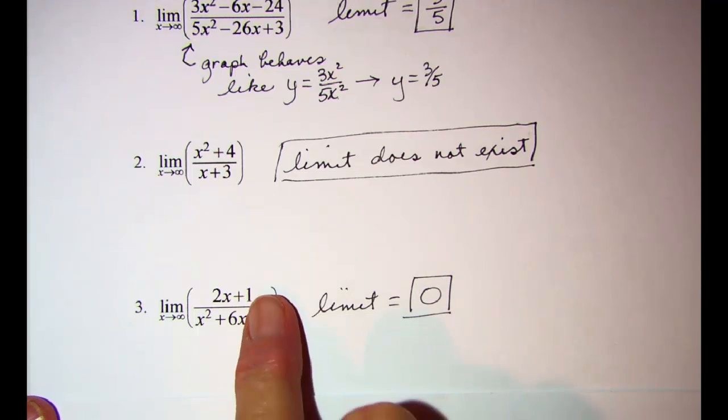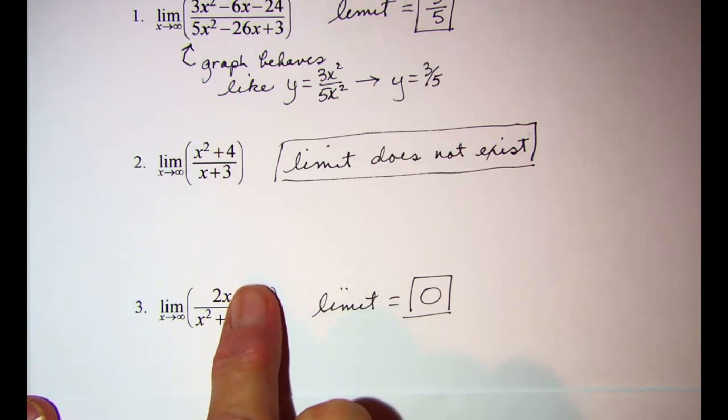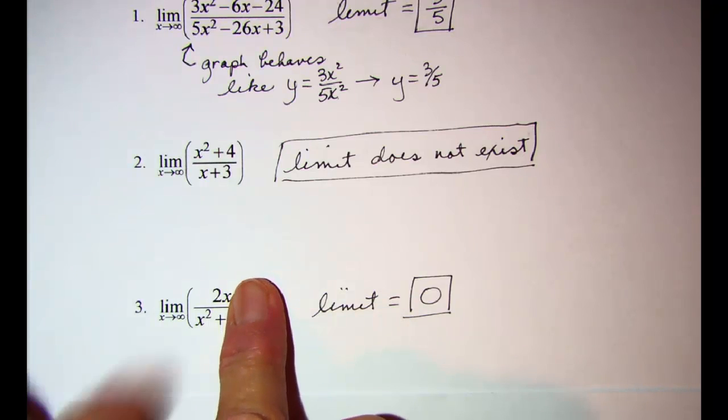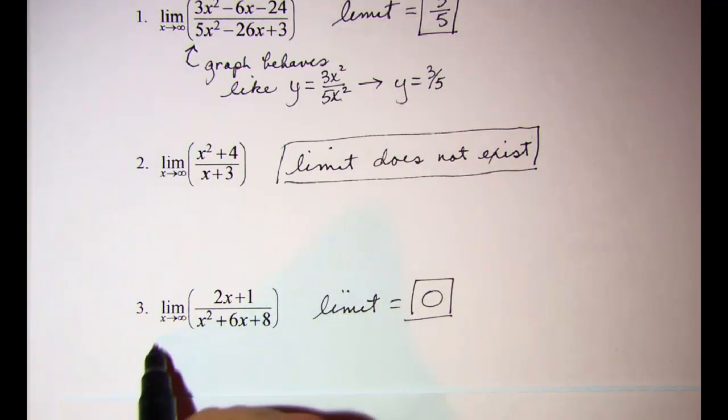Again, if we think about it at infinity, just looking at those lead terms, this behaves like 2 over x. And we know that the graph of 1 over x looks like this.